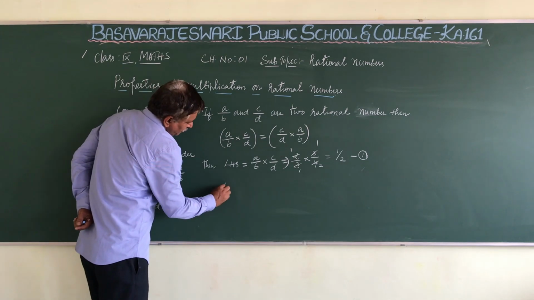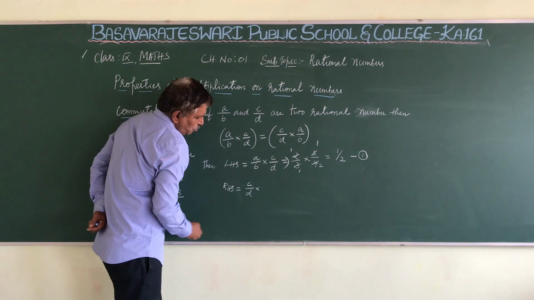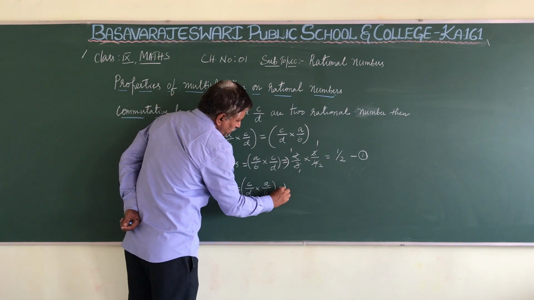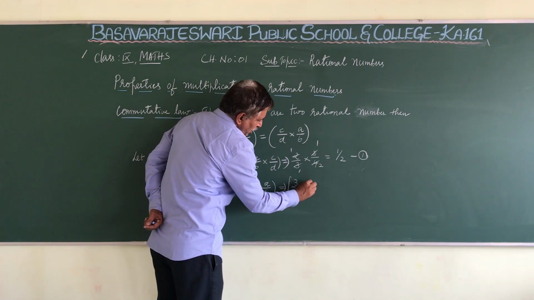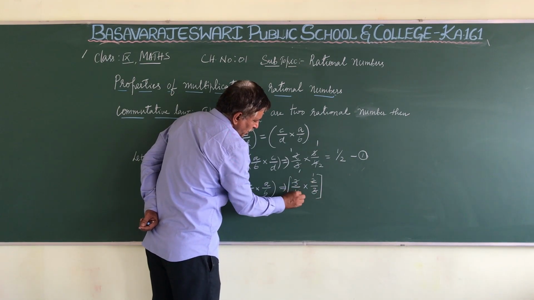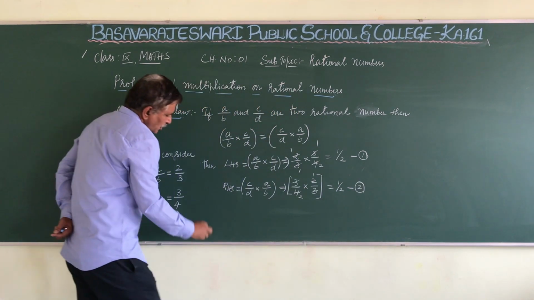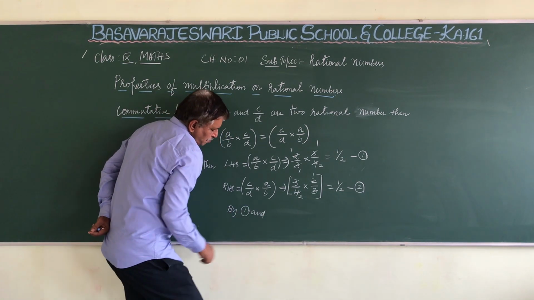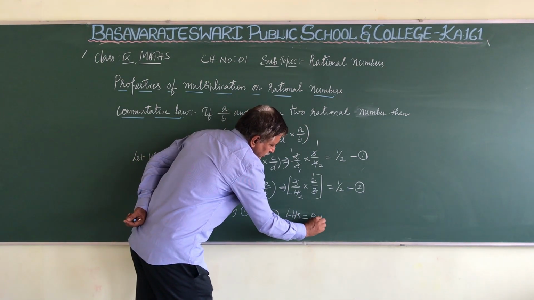Then the right hand side, that is c/d × a/b. So this implies 3/4 × 2/3. The 3s get cancelled, 2 ones are 2, 2 twos are 4, which is equal to 1/2. Let it be 2. So by 1 and 2, left hand side is equal to right hand side.